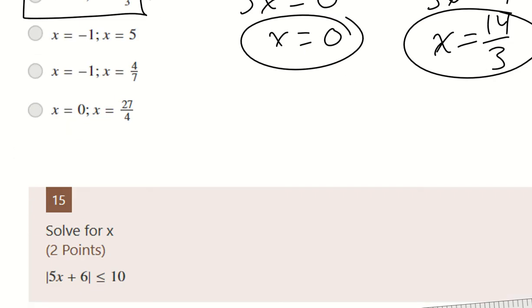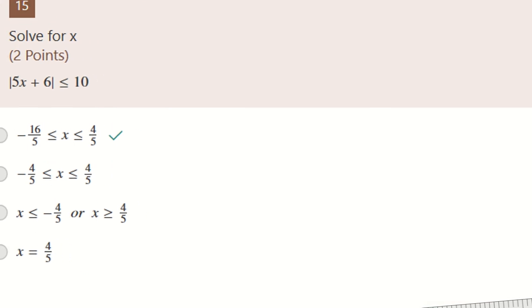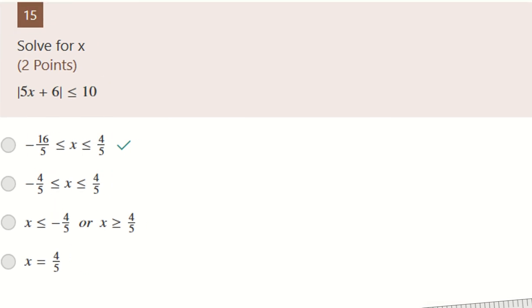Question 15, solve for x. Number line. So I've got that the distance from x has to be less than 10 units, right? This thing, 5x plus 6, has to be less than 10 units either way from me.